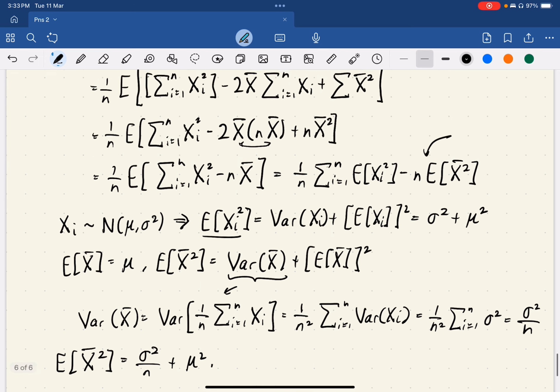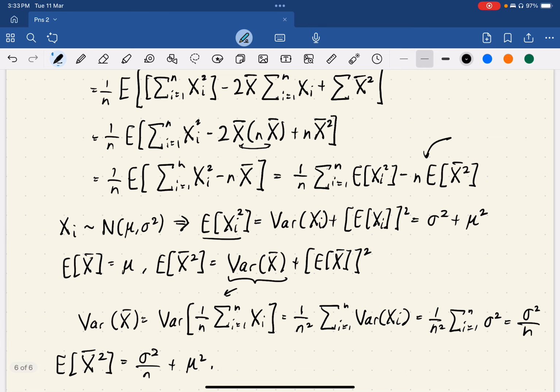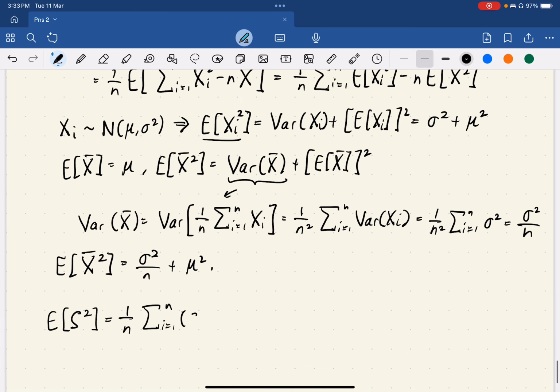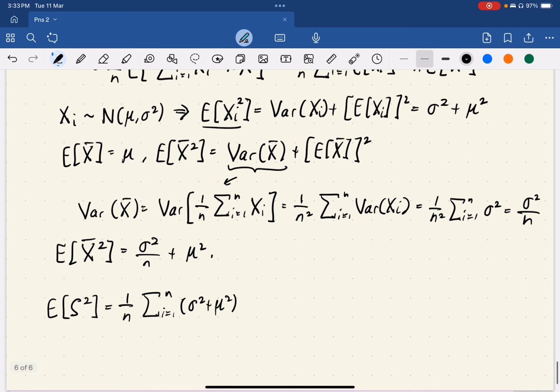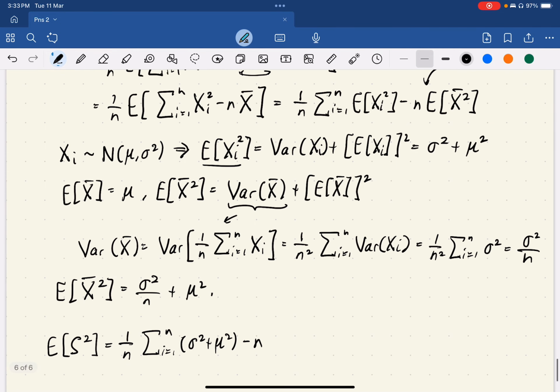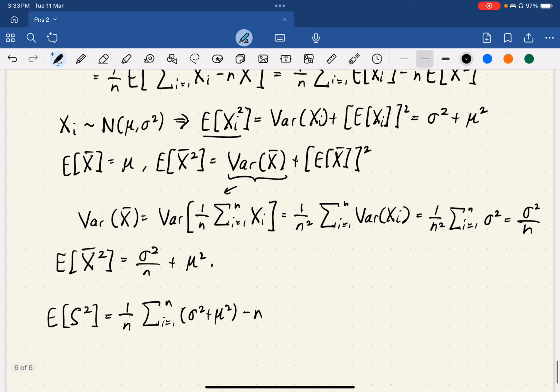Now, we know what the expectation of xi squared is, which is sigma squared plus mu squared. And we subtract n times the expectation of x bar squared, which is this plus this squared. So we just add them up.